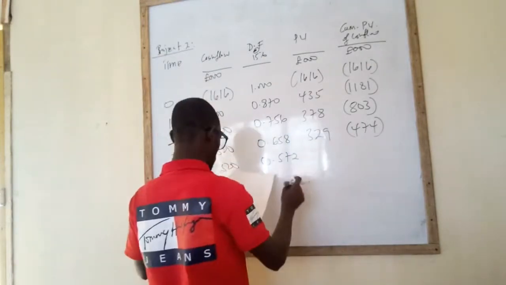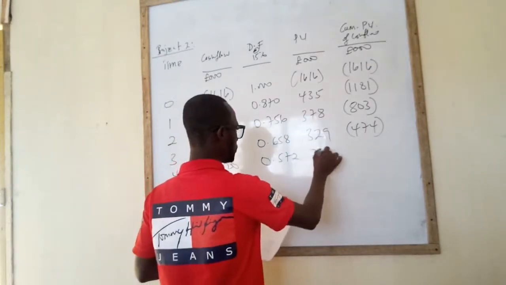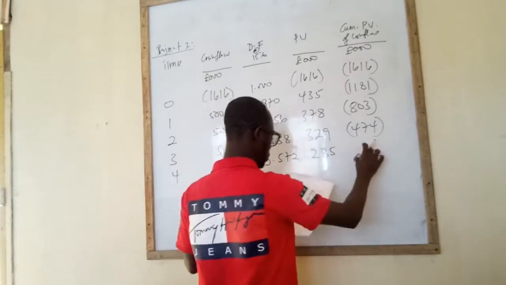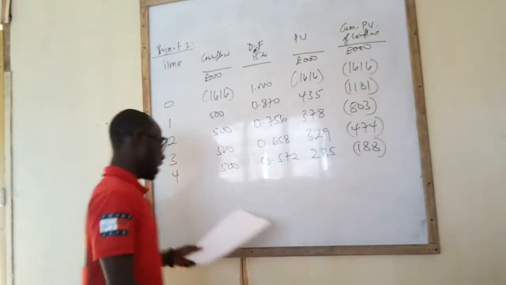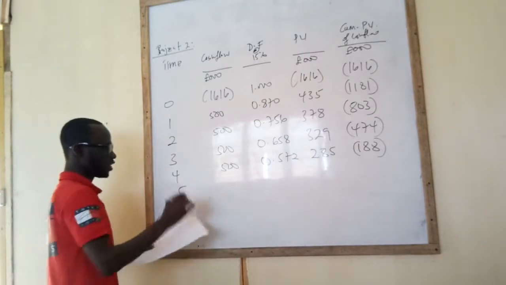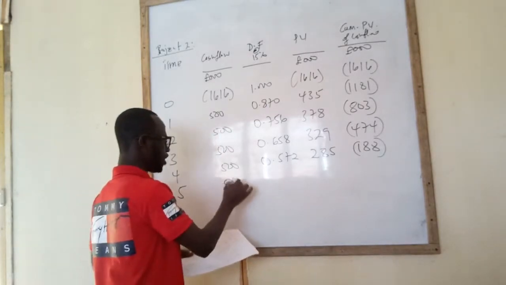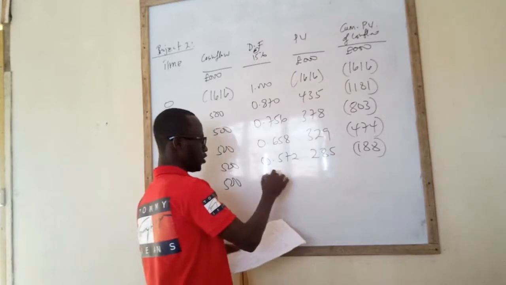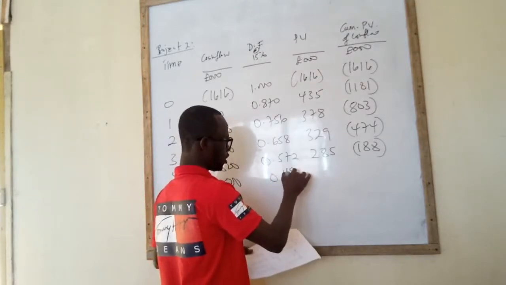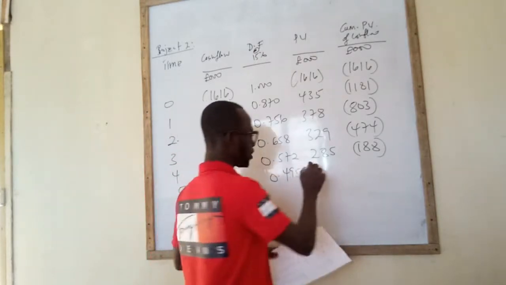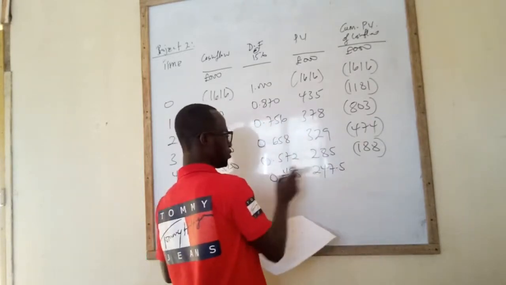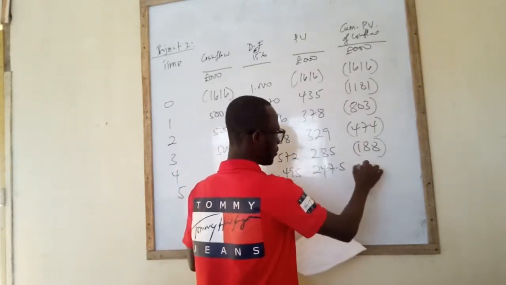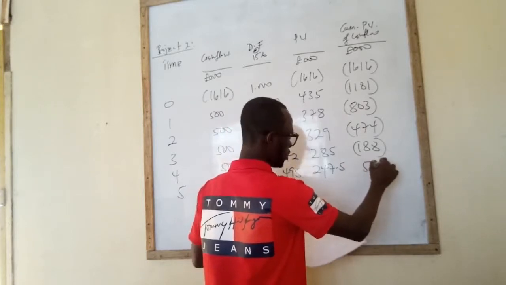So when we multiply it, that will be 285, and that will lead us to a negative of 188, still negative. And then the fifth year, we're going to receive 500, and that will be 0.495. When we multiply, we'll get 247.5. When we subtract, that will lead us to a positive of 59.5.